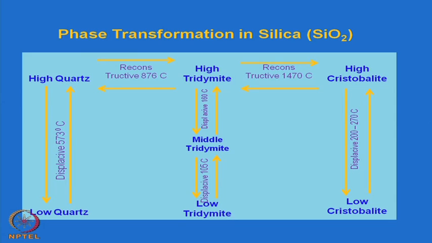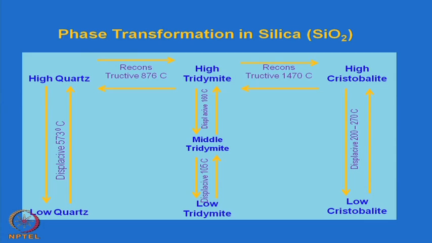So, these are the characteristics of a displacive transformation, whereas the so called nucleation and growth type of phenomenon is referred to here as a reconstructive transformation. That is a kind of terminology.